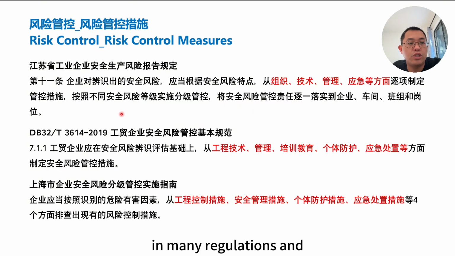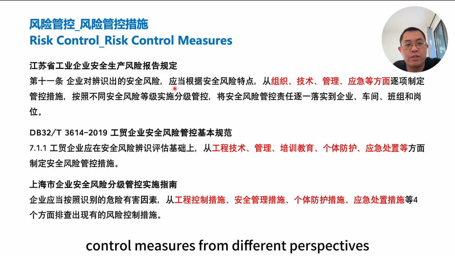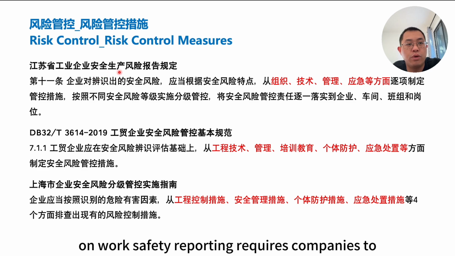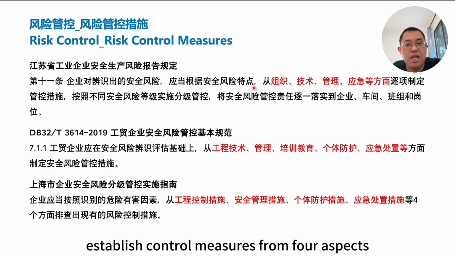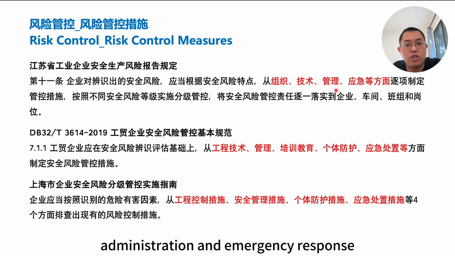In many regulations and standards related to risk control, I've noticed that companies are also asked to develop control measures from different perspectives. For example, this Jiangsu Province regulation on work safety reporting requires companies to establish control measures from 4 aspects: organization, technology, administration, and emergency response.